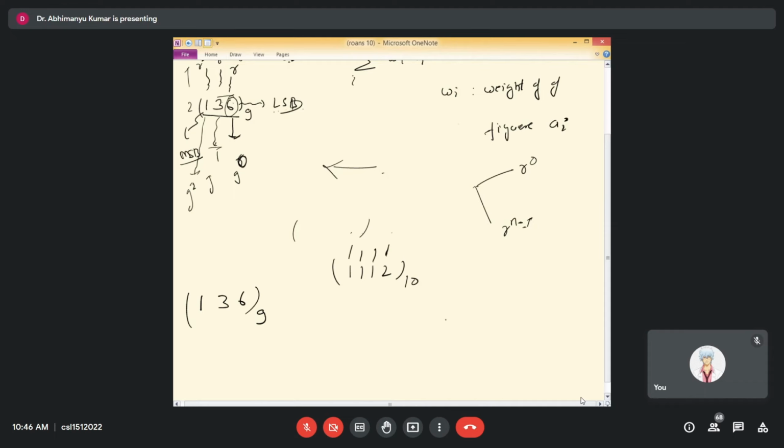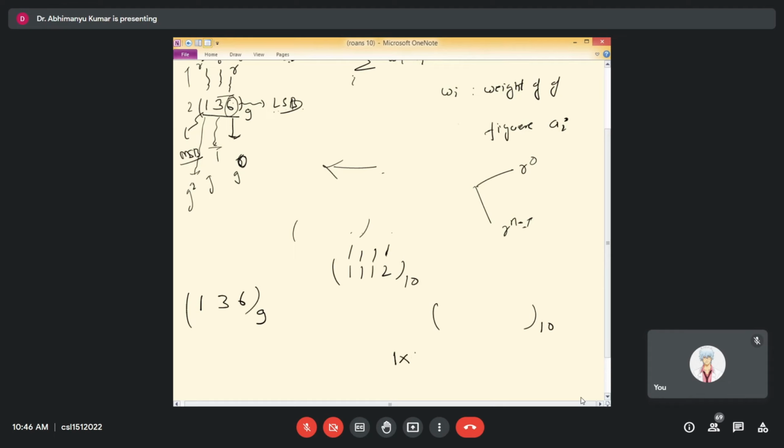Can we find the equivalent quantity in radix 10? It is very easy. We go by the individual digits. If we start from the least significant digit, that is 6, 6 is multiplied with its weight. What is the weight of this 6? 9 to the power 0, that is 1.